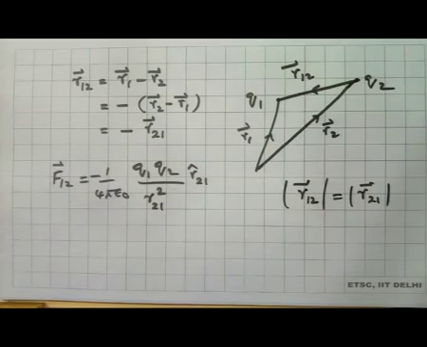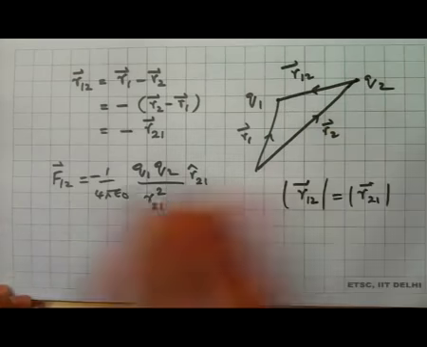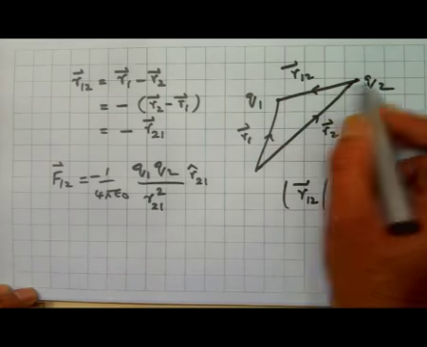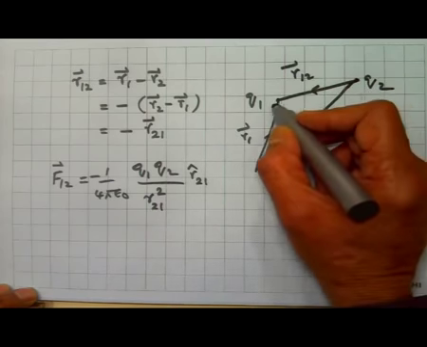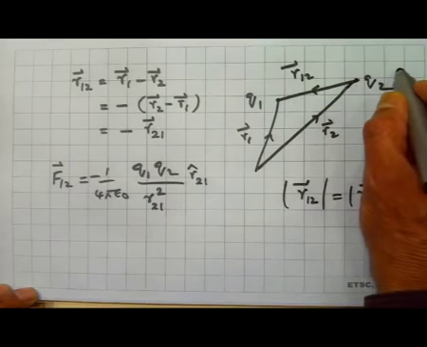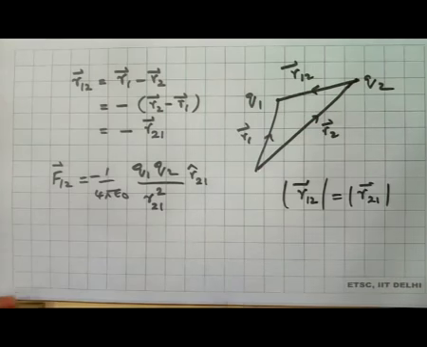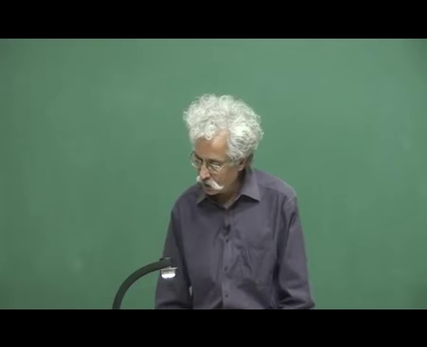As you can see, the force on charge 1 because of 2 is exactly equal and opposite to the force on q2 because of q1. So, if q1 repels q2 with a certain force, q2 repels q1 with the same force in the reverse direction, and this is a confirmation of Newton's third law. This force is very similar to the law of gravitation, except that in gravitation there is only an attractive force because there is only one kind of mass.